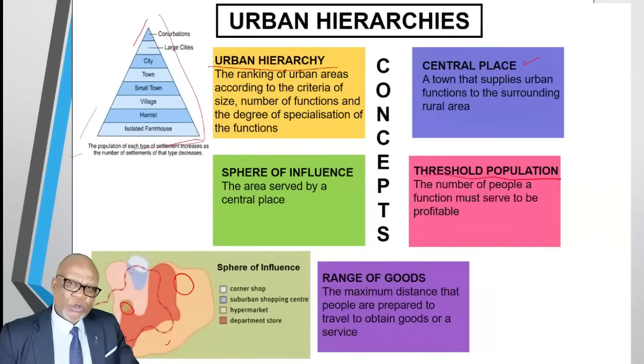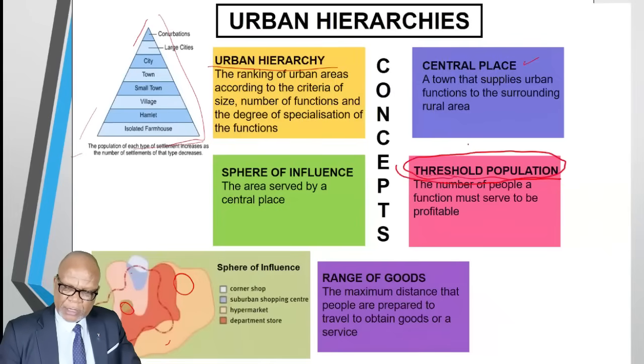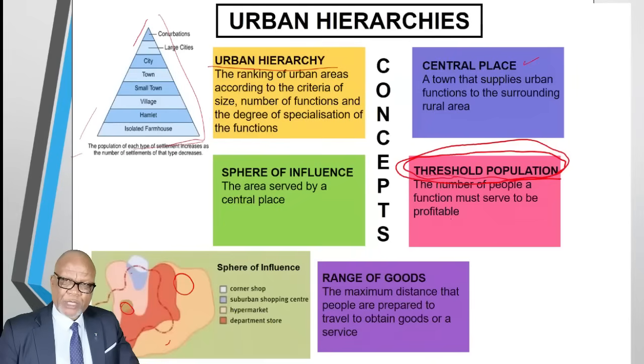So for the school to function, it takes the learners from that surrounding area. So those learners become the threshold population of a particular school. This is simply the number of people a function must serve to be profitable. So that is threshold population.